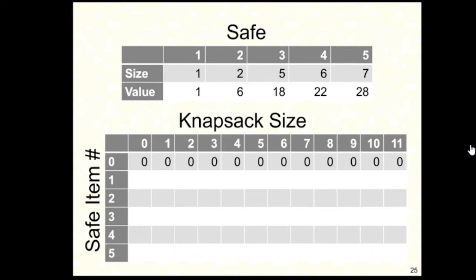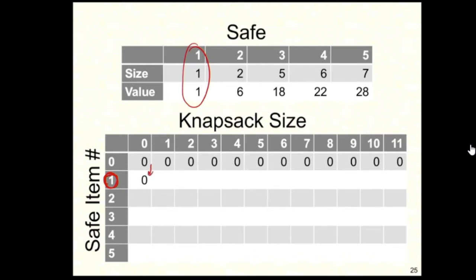So we go to the very first one. All right, so I'm working on stealing item number 1. Well, in a knapsack of size 0, can I steal this item? No, it doesn't fit. Okay, so there's a 0 there. How did I get that 0? It came from somewhere in the table.